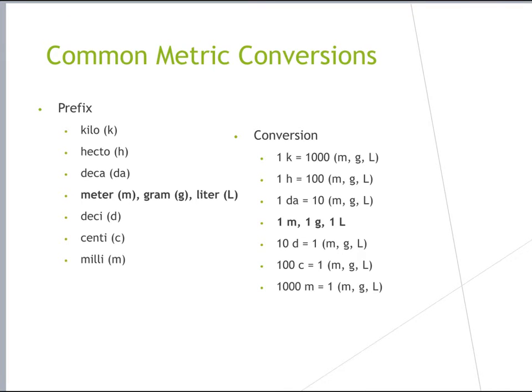Here are some common metric conversions. You can see kilo, hecto, deca, and then your base unit there. That would be meters, grams, or liters. So this is our base unit. And then we have deci, centi, milli.